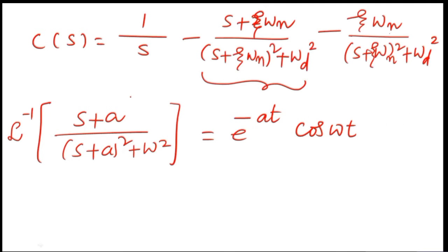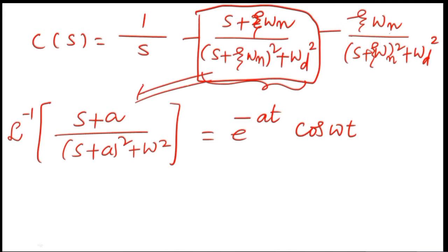If you compare, here a is equal to zeta omega n and omega is equal to omega d. So applying the inverse Laplace transform to this factor, you get e power minus zeta omega n t into cos omega d t.